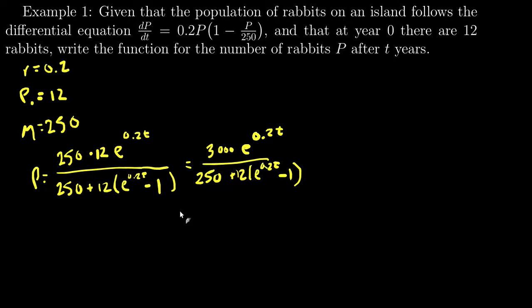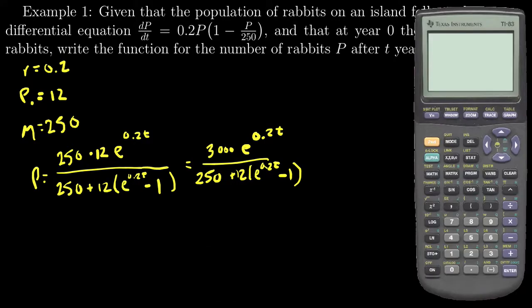Let's look at the graph and see if it makes sense. In here, I'm going to put this in, so I need parentheses: 3,000 times e to the 0.2x, close that off, divided by 250 plus 12 times e to the 0.2x minus 1, close that parentheses, and then close another parentheses.